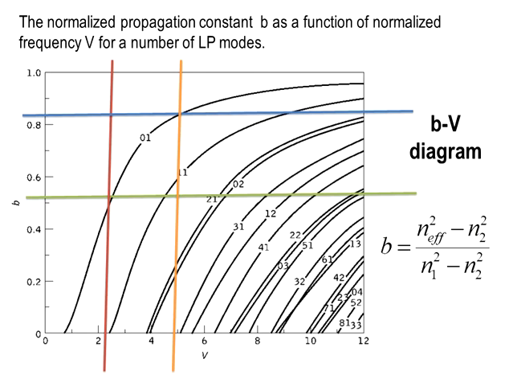Whenever V number is less than 2.405, it will support only one mode. And if the wavelength is greater than the wavelength which corresponds to V number 2.405, it will be a single mode fiber.